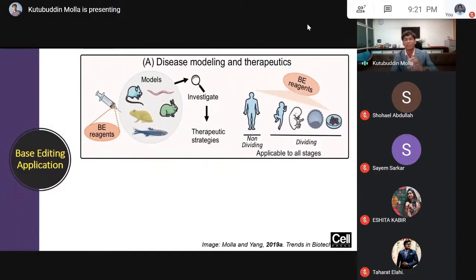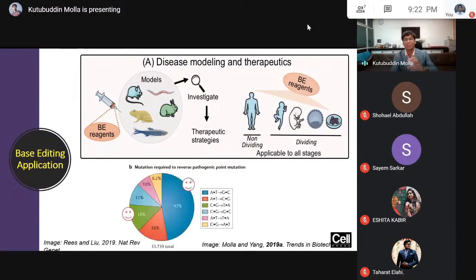Now base editing is very unique because it could be applied starting from the embryo, blastocyst, and fetus, newborn baby, and even non-dividing cells like in an adult. In an adult human being also, this base editing could be applied.